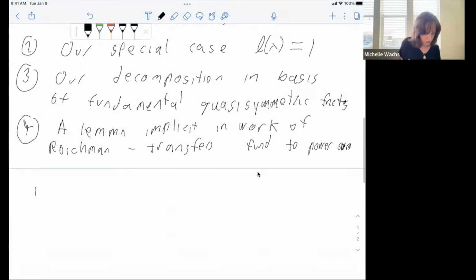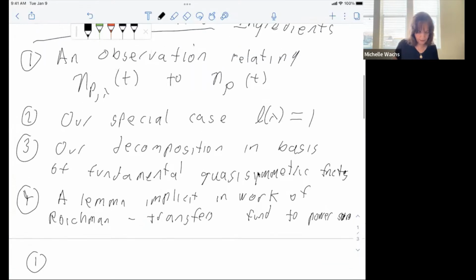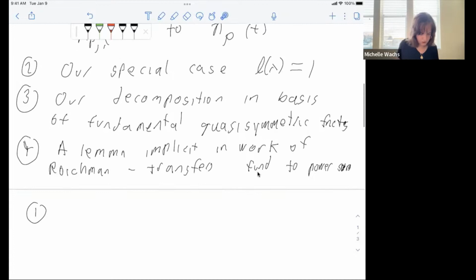So first was this observation relating NP lambda to that. So let's look at an example. P, let's say, is this poset, which we've seen many times before.